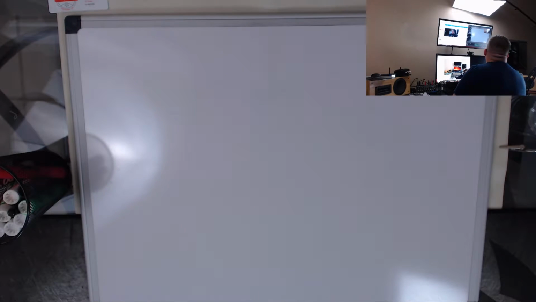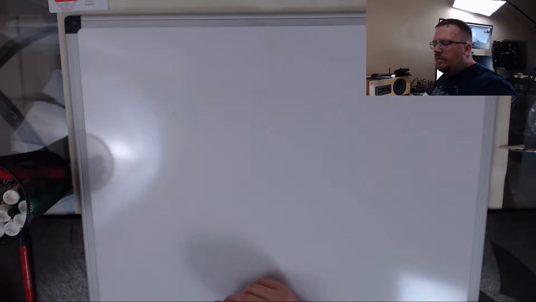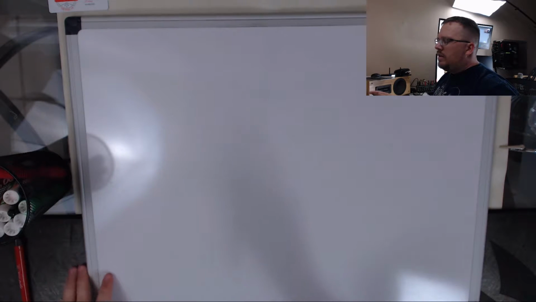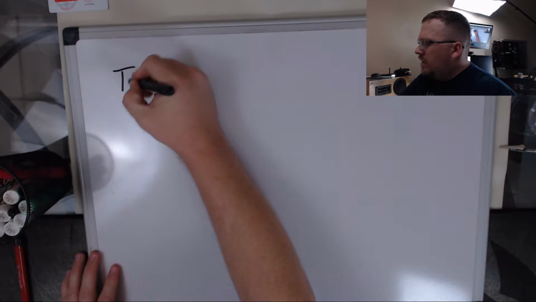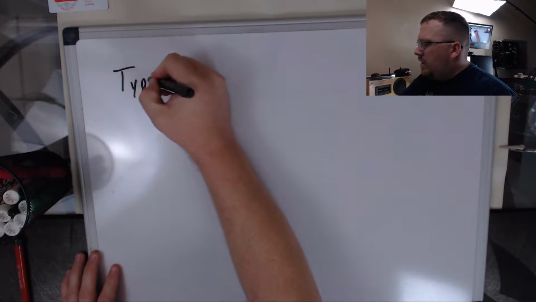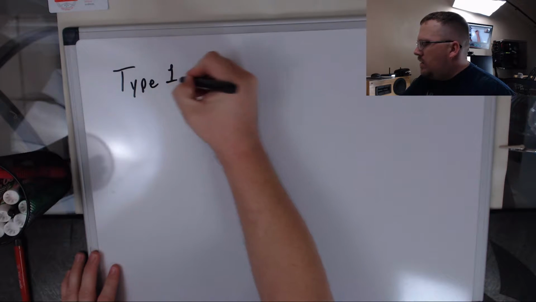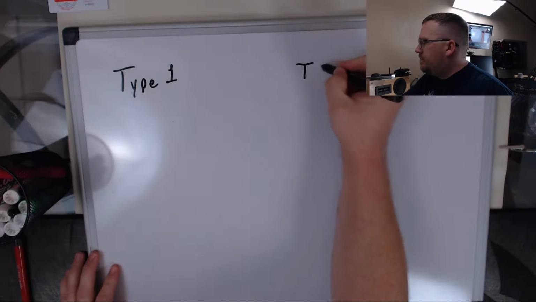If I go to my bench cam here, let me get to the bench. All right, there are 2 types of hypervisors that we typically work with in the industry: a type 1 and a type 2.